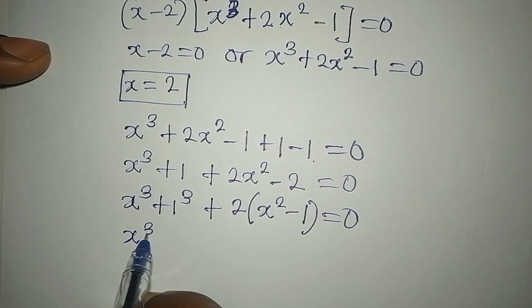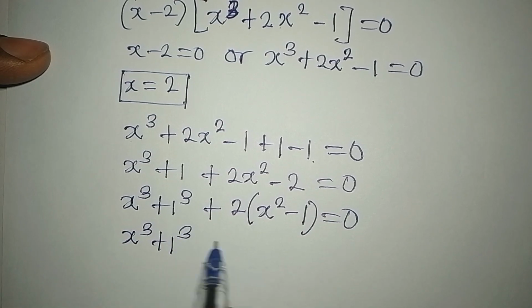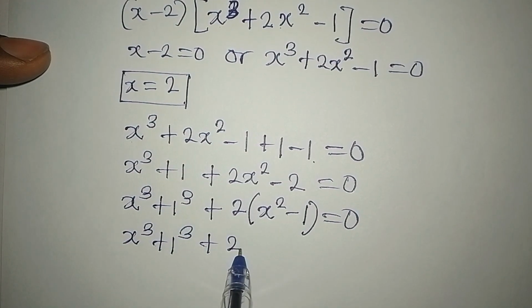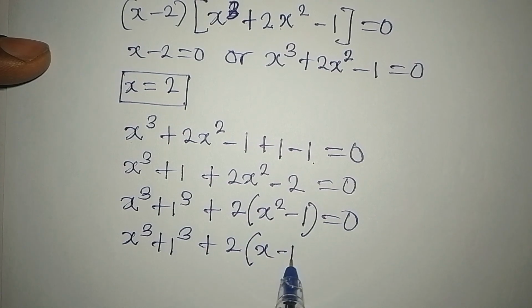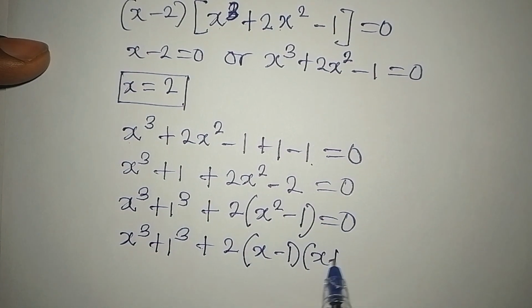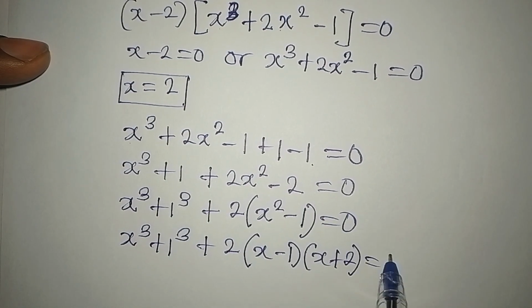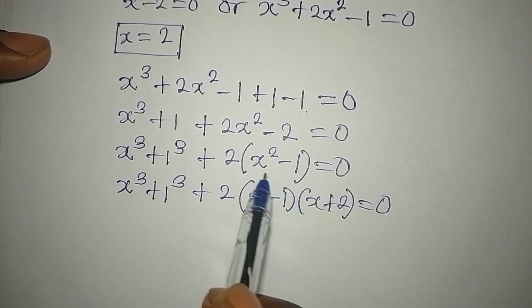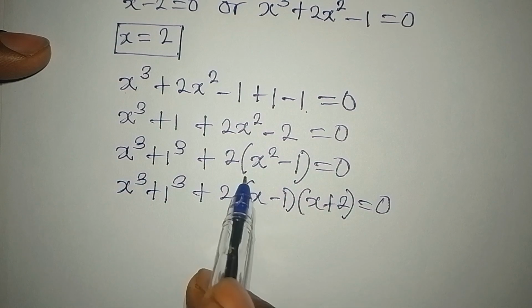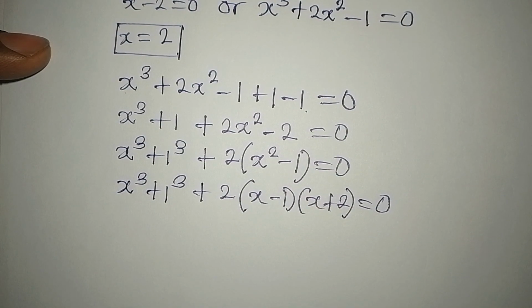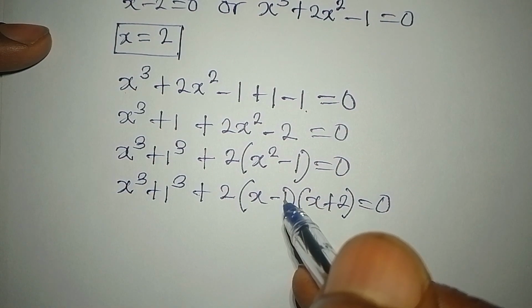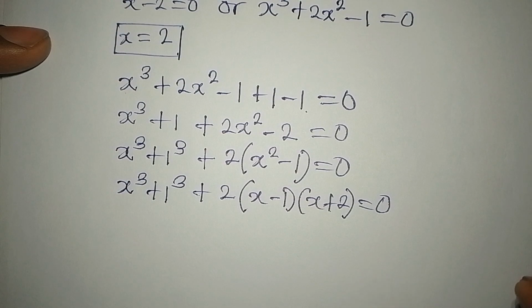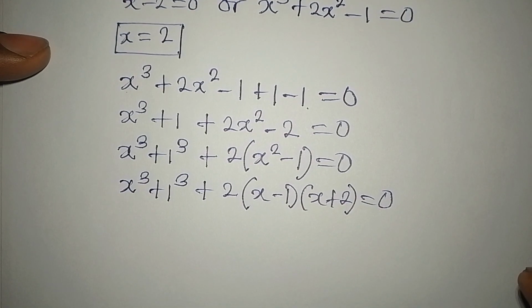So I have x to the power of 3 plus 1 to the power of 3 plus 2 into x minus 1 into x plus 2. Everything is equal to 0. Okay, so what I have done is to express this in the form of difference of two squares. So if you understood to this length, then you are doing greatly.